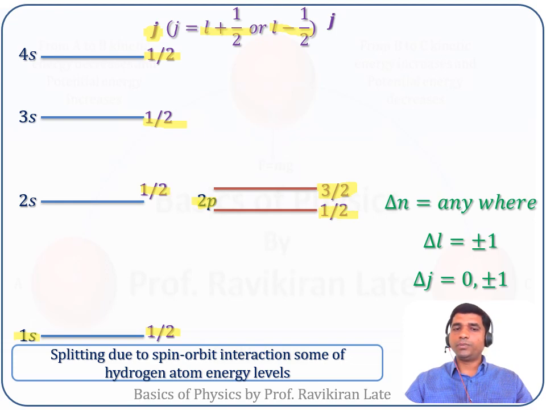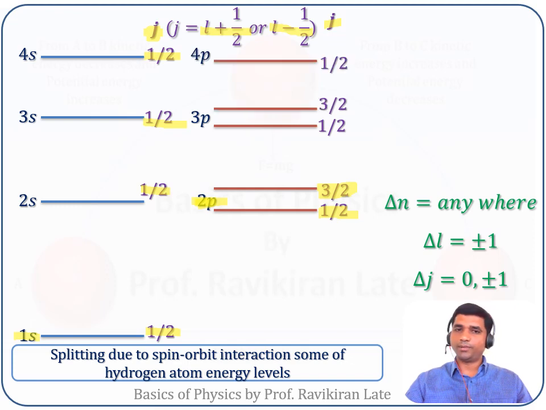So for a given P level, you can have two total angular momentum quantum numbers J, corresponding to J equal to 1 half and J equal to 3 by 2. Similarly, for the 3P level, you can have J equal to 1 half and J equal to 3 by 2. Similarly, for the 4P level, you have J equal to 1 half and J equal to 3 by 2. So for each P level, you have two J levels corresponding to J equal to 1 half and J equal to 3 by 2.